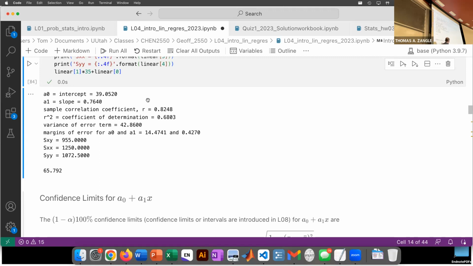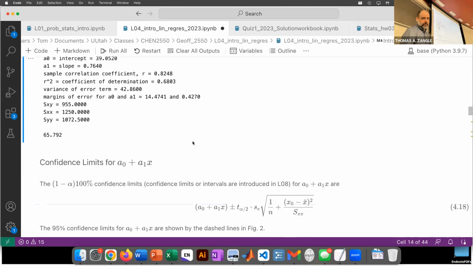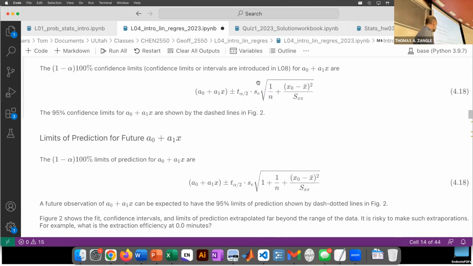And that's what we're getting at when we're talking about confidence limits, or confidence intervals. We can compute those confidence intervals using the estimates that we have up above. For example, this would be the confidence interval on our estimated value, A0 plus A1x, and it's defined in terms of that standard error, as well as this t statistic, which we are going to talk a lot more about in lecture 8.